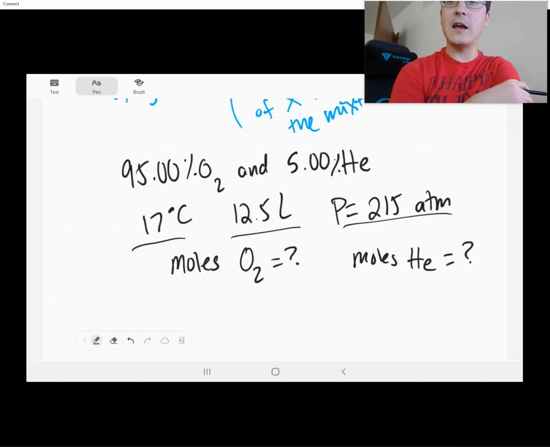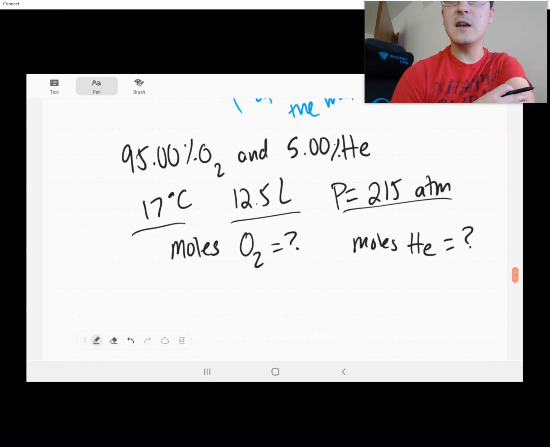Or we can go ahead and multiply those percents by the pressure, and then solve for each gas individually. We could do it either way. So let's go ahead and do it the first way. Let's see if we can find the total moles of gas for this thing. Can we use these numbers directly? Yeah, we'll do both ways.